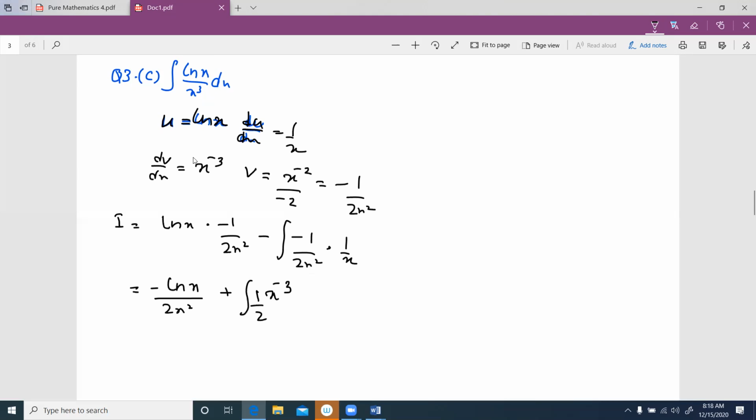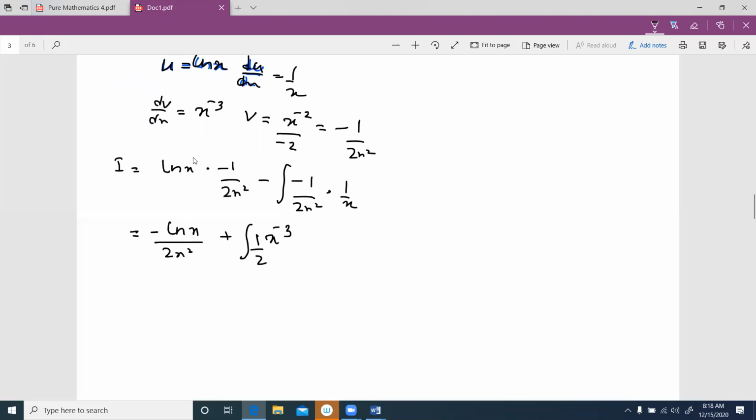Then this turns into minus ln x over 2x squared plus 1 over 2 into x to the power minus 2 divided by minus 2, plus c. Then this turns up to minus ln x over 2x squared minus 1 over 4x squared plus c is the final answer.